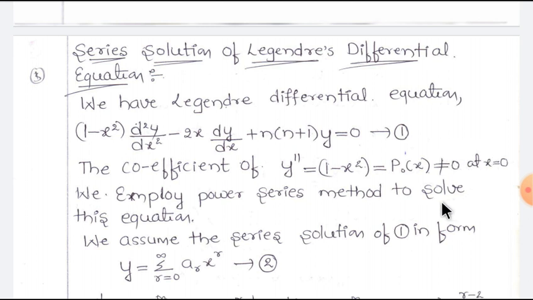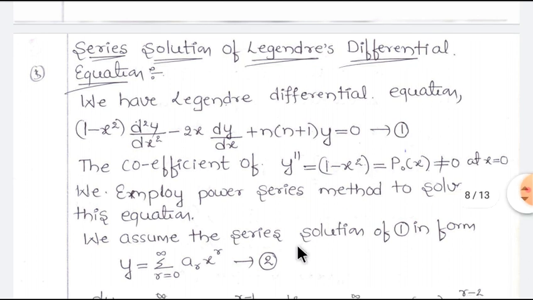It is the condition for the power series method. To solve this equation, we employ the power series method. If x is 0, then p naught of x is not equal to 0 because 1 is there.